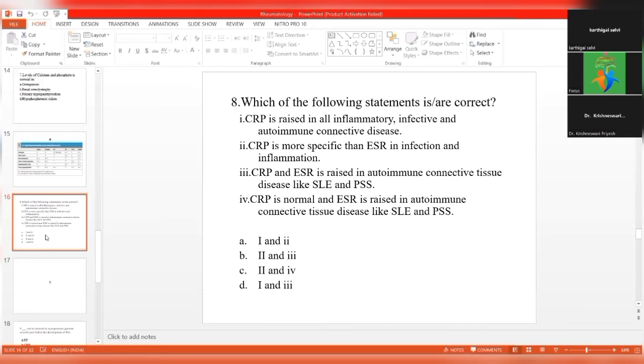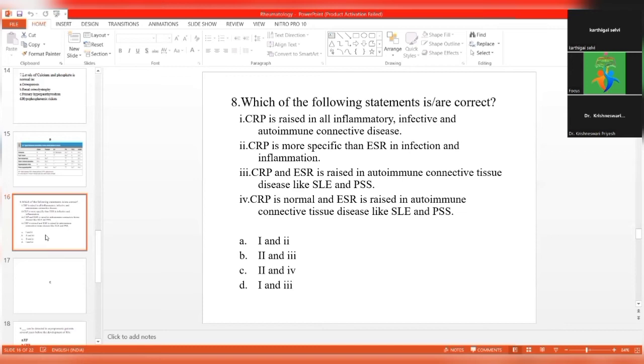Before the ESR starts rising, CRP will be increased. You understand? That is correct. Then the second correct statement is that CRP is normal and ESR is raised in autoimmune connective tissue diseases like SLE and PSS. CRP will be normal in that condition and ESR is raised. You understand?